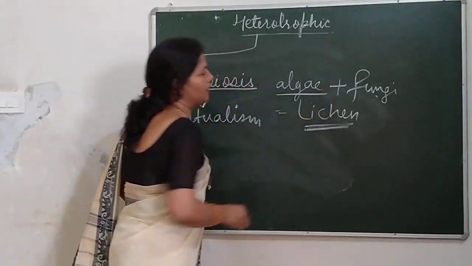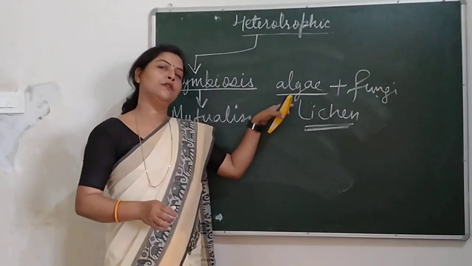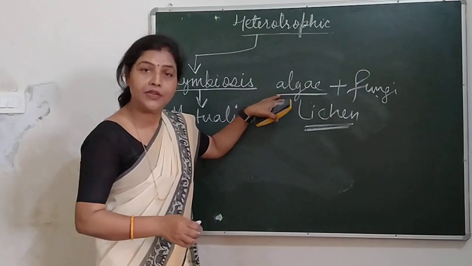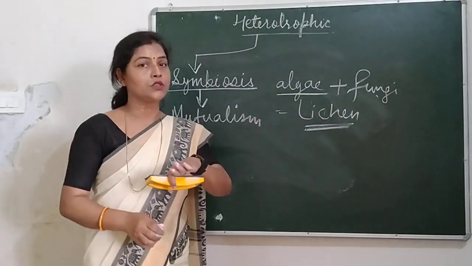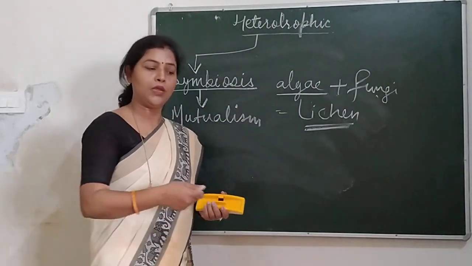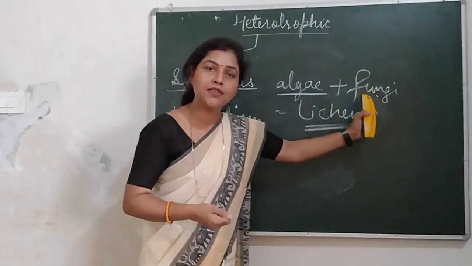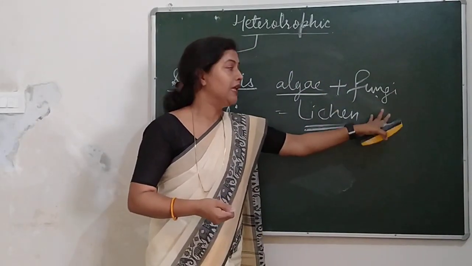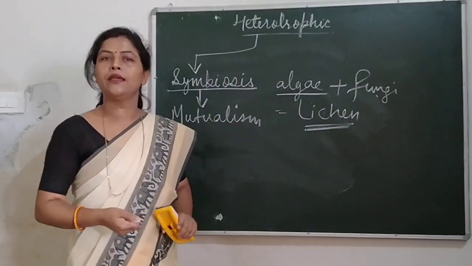Algae have green color, so they can prepare their food. But they don't have true roots. So they are not capable of absorbing water from the soil. But fungi have roots. They absorb water and minerals and supply them to algae.